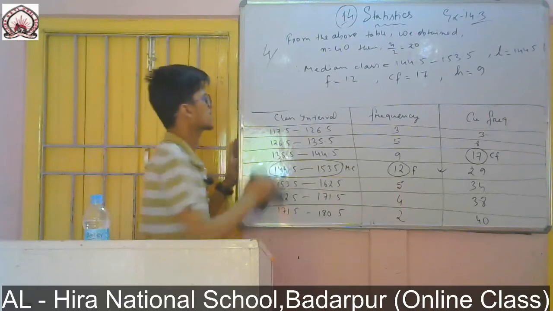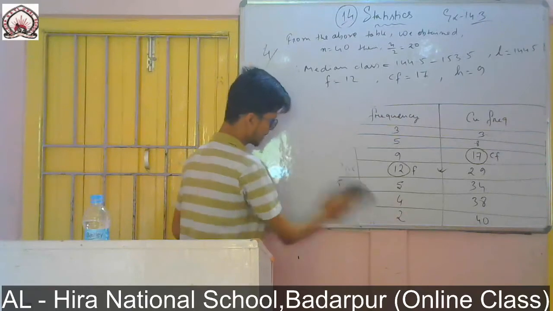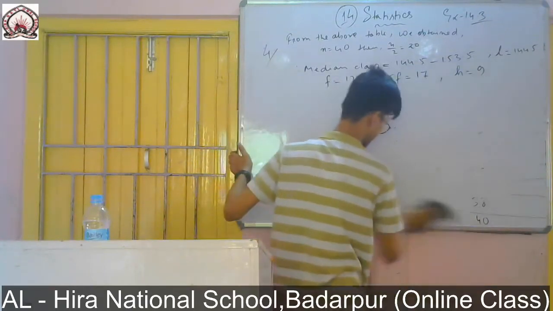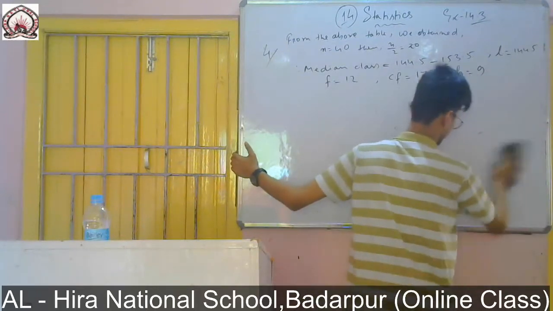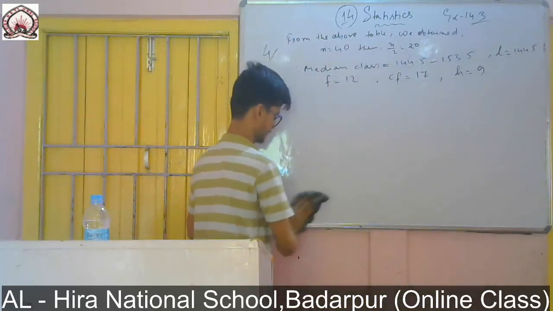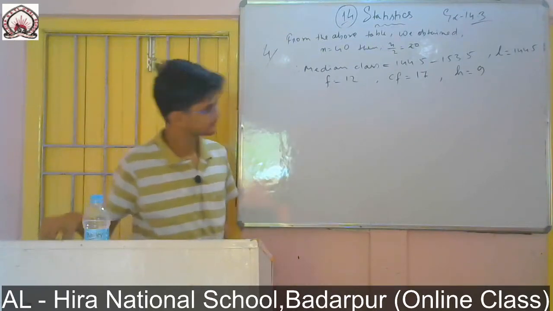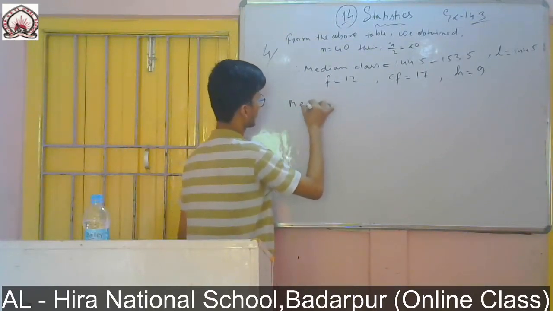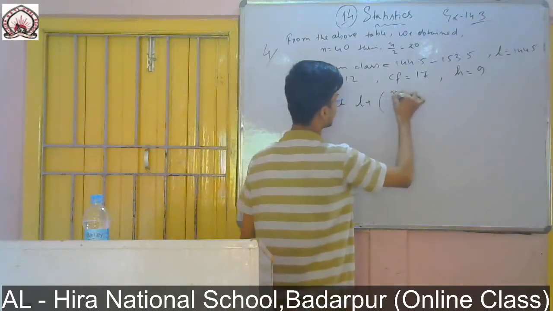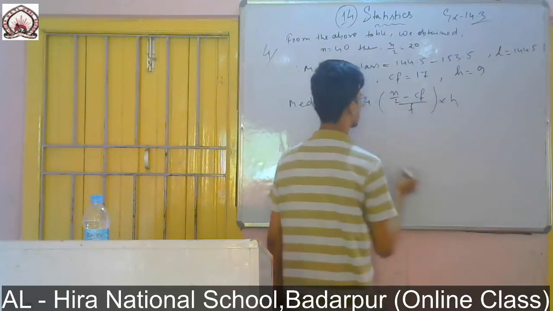So now I will put this in the formula so that I can find the median. Therefore, median equals L plus (n by 2 minus CF) by f into h.